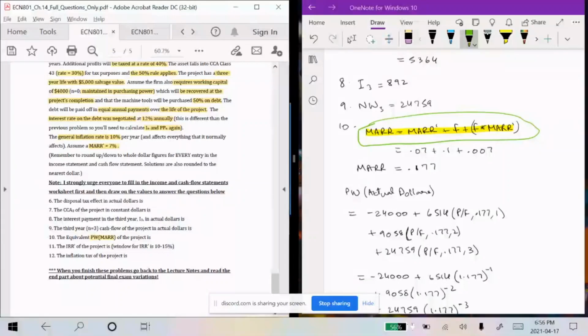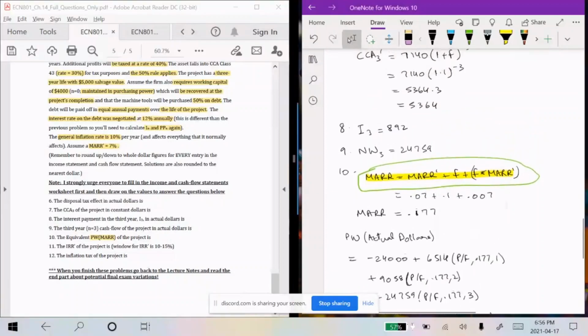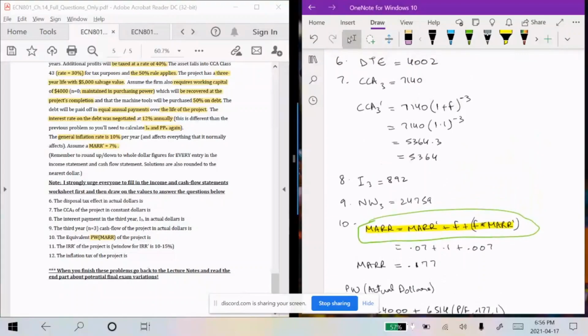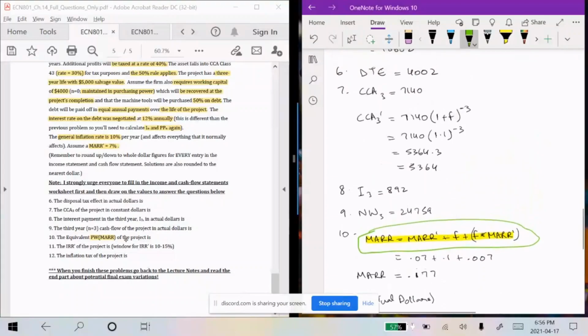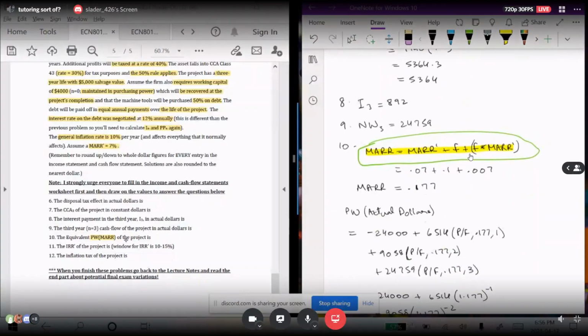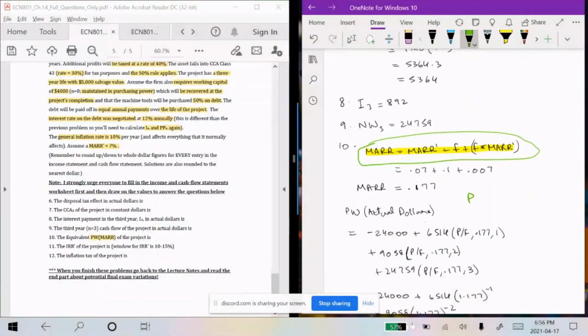Well, you didn't have to because you already had the constant dollars. But then you put the whole line of constant dollars, so you could have just used the MAR dash. But they're asking only for MAR, right? So what you're saying is to find the PW, you can use constant dollars, PW of MAR dash, right?